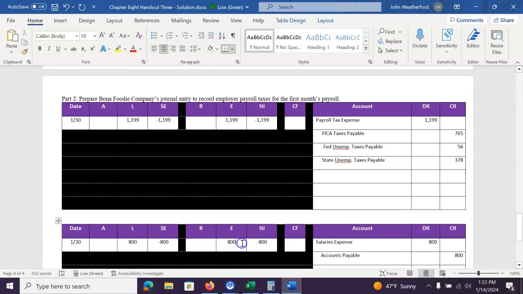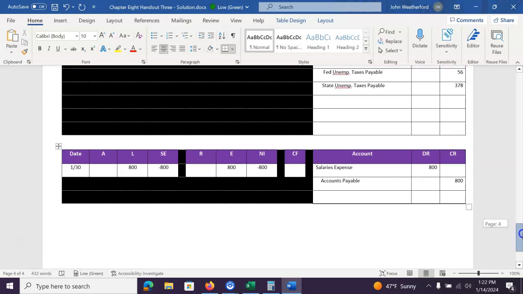So health insurance premiums paid by the employer for the employee are a part of their compensation package. So just a part of salaries expense. So the expense increased $800, causing net income and stockholders' equity through retained earnings to both decrease by $800, and our liabilities increased by $800.